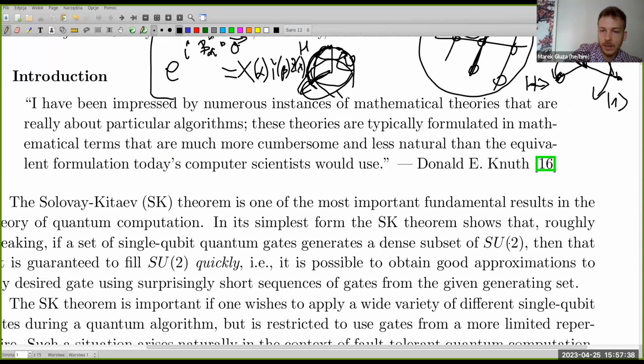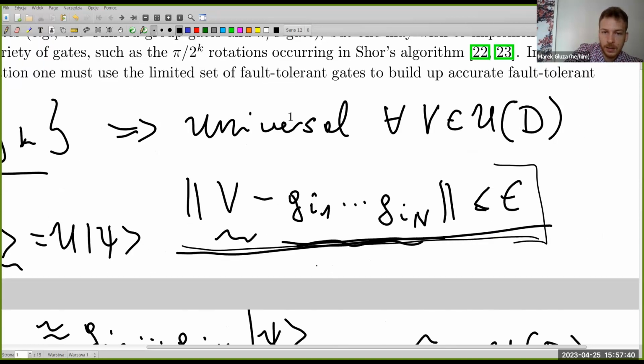The running time is n, so to speak: how many of those gate set operations do I need to sequentially apply to get my operation?